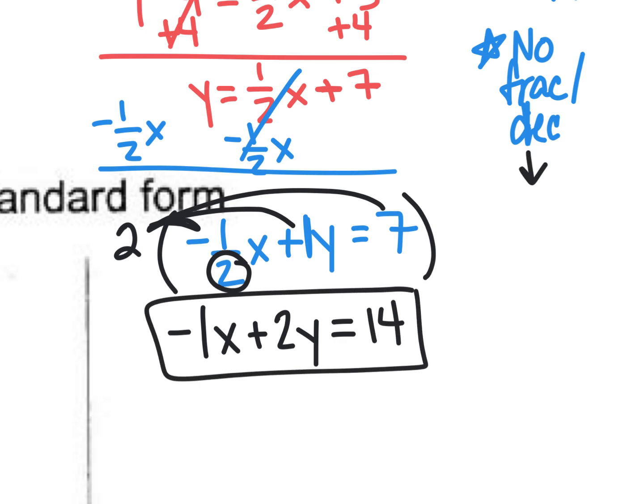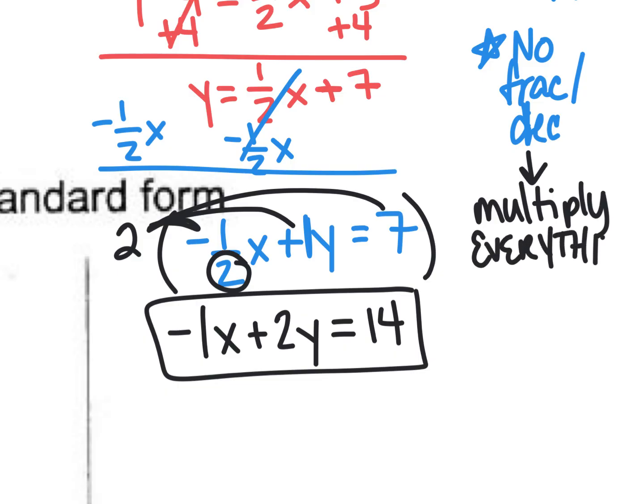To get rid of your fraction or your decimal, you are going to multiply everything. When we do this, it's like everything is multiplied by your denominator. And it doesn't matter if your denominator is 6, it doesn't matter if it's 11, whatever your denominator is, you have to multiply the whole equation by that, and that's going to make, poof, the fraction go away.